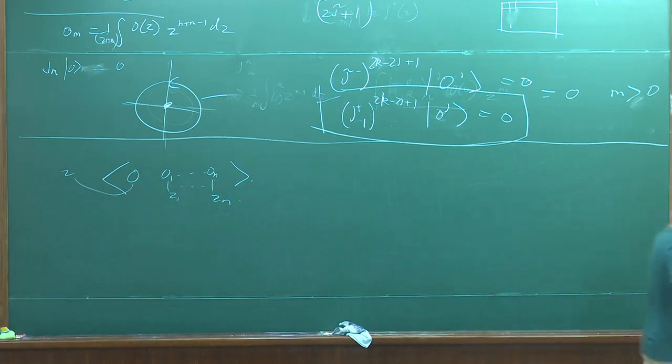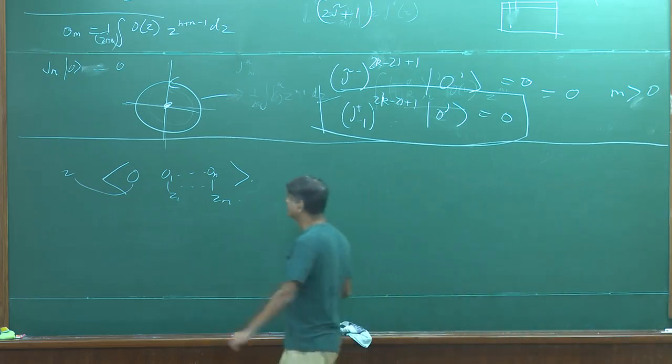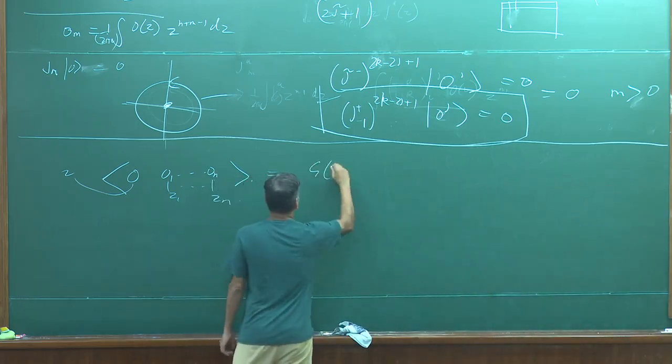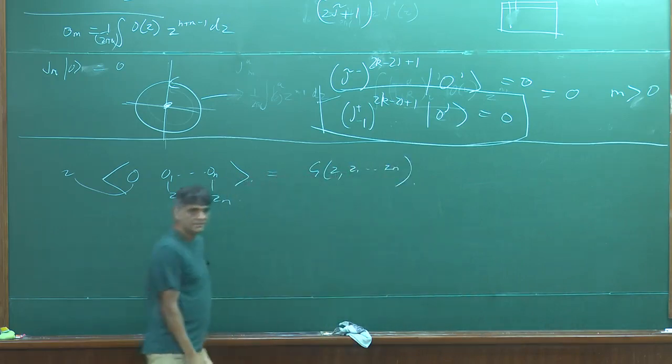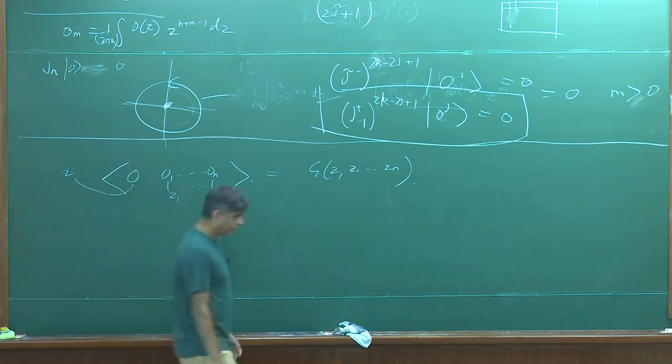I want to use O as a primary operator, and let's say O1 to On are all primary operators as well. Now, this is some correlation function, let's call it G of z, z1 to zn.